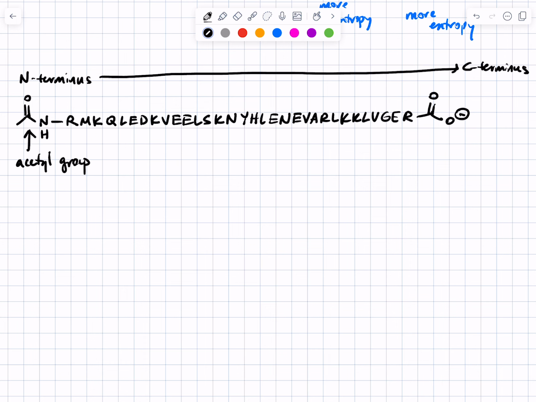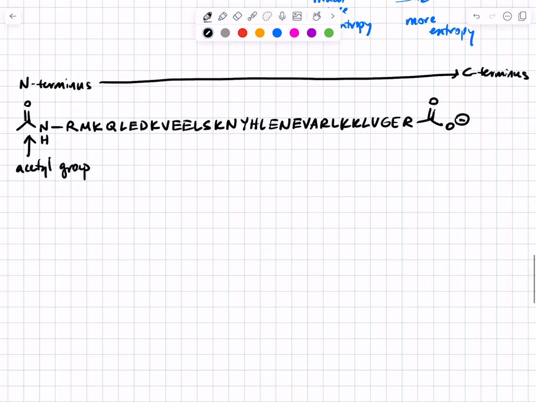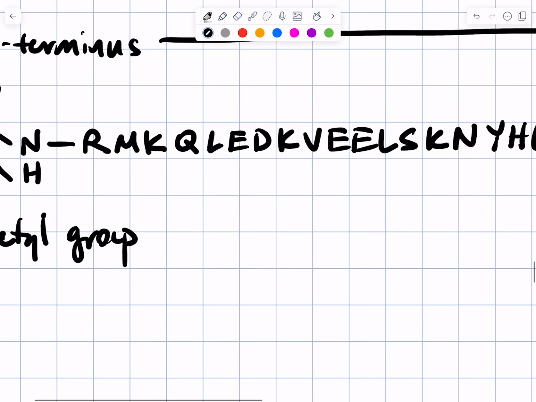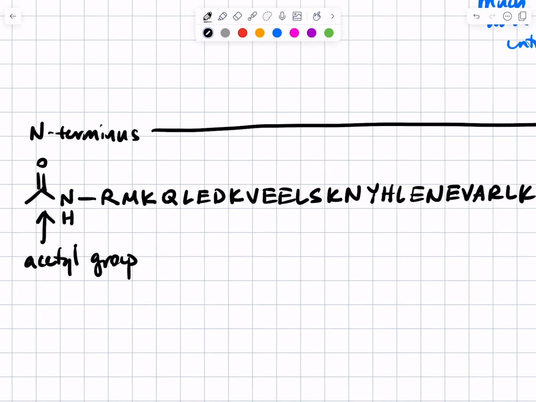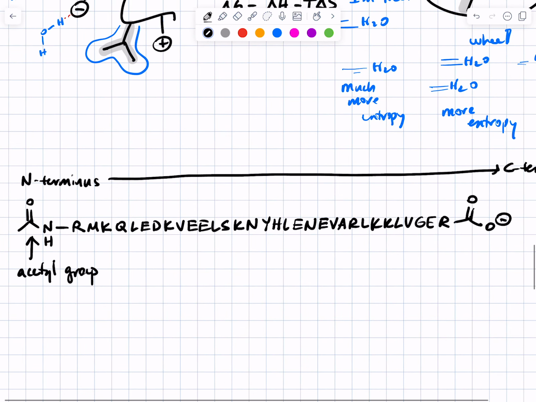What I want you to do now is, based on what you know about the 20 amino acids, I want you to identify all the amino acids that are positively charged and put a little plus by them. Zoom out. Yep, sorry. All the amino acids that are negatively charged and put a little minus by them. Figure out what the total net charge is on the peptide.